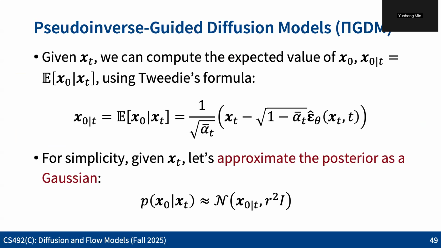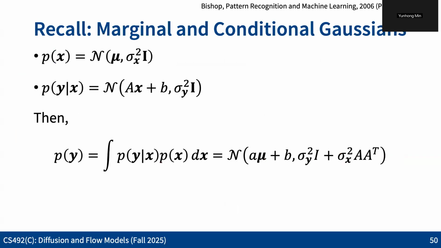So it's a really bad approximation, but we can only compute the mean value here using Tweedie's formula, right? Makes sense? Then based on this, what can you do? Actually, we already discussed what we can do. So do you remember this slide? This is almost the same slide that we have seen in lecture 5.